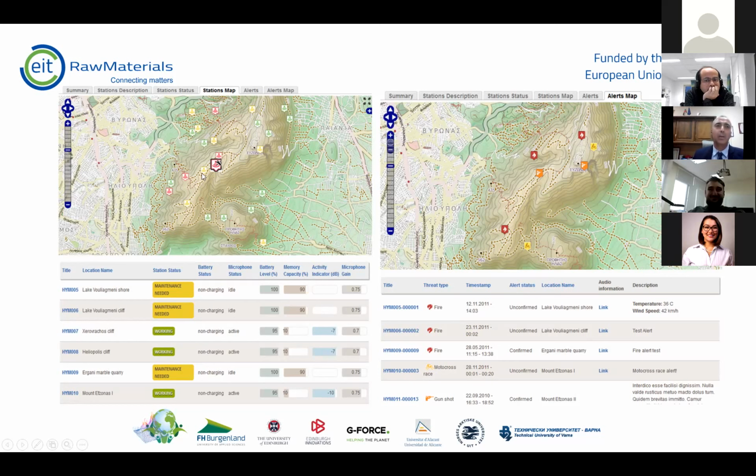So with this fully automated biodiversity monitoring system, we were in a position to solve a very important local problem. It was related to enforcement against legal or illegal activities in the mountain of Imitus in Greece.